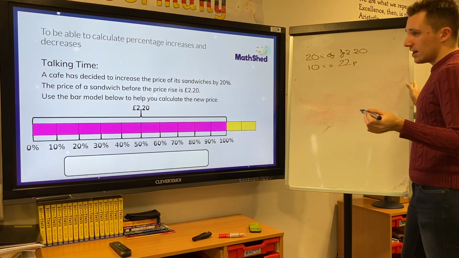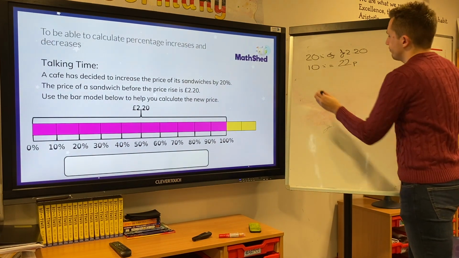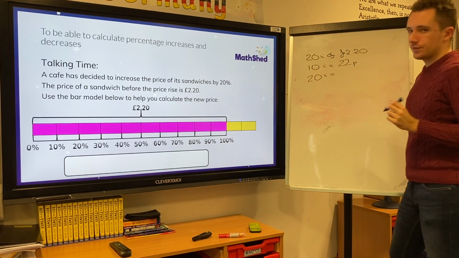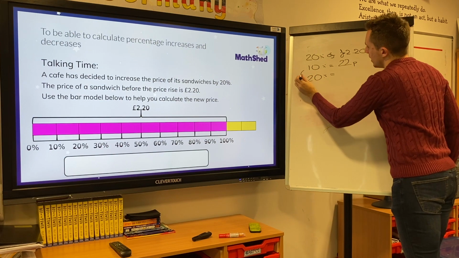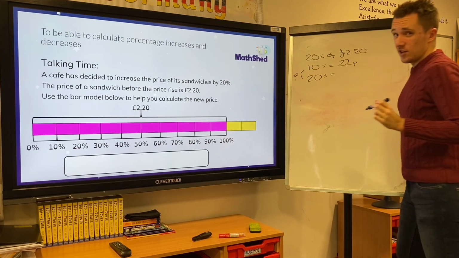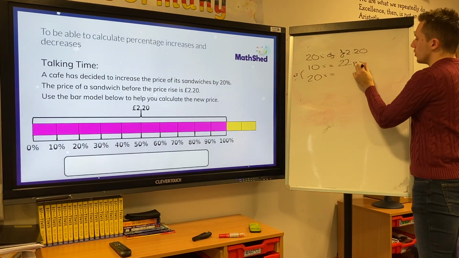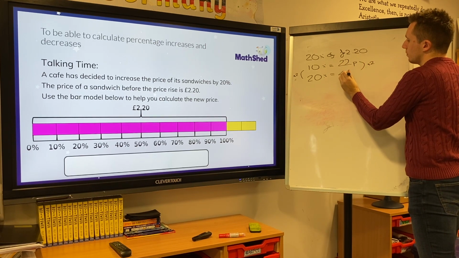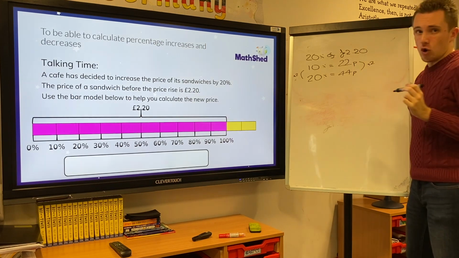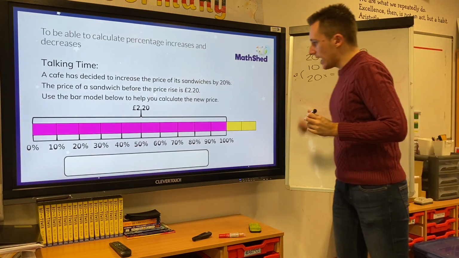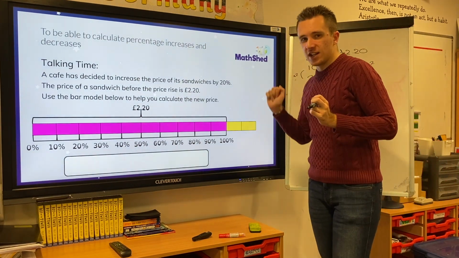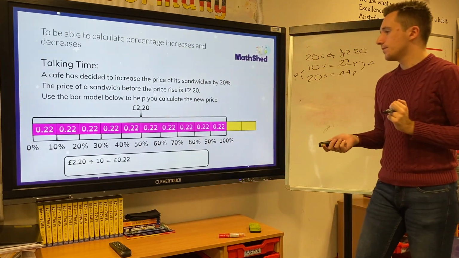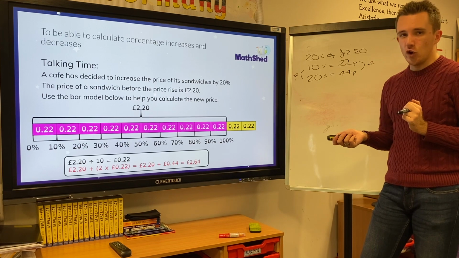We've got 10%, don't want 10%. I want 20%. How do I get from 10 to 20? Times it by 2. Do the same to this side. 22 times 2, 44. Once I've got that, I either add it or take it away. In this case, I am adding it. Should have had £2.64.